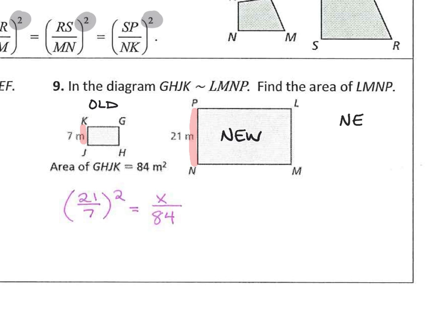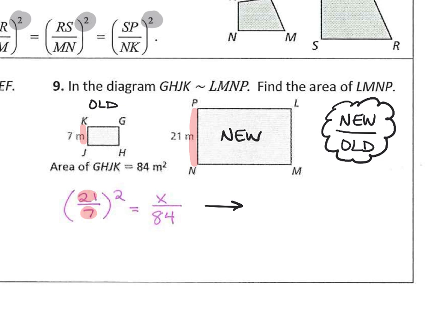If you need to write that down for yourself again, that's fine. New goes on top, old goes on bottom. So when I set this up, I put 21 on top and 7 on bottom. And then I set it equal to the area on the bottom. But before I do this, because it's area, I need to square that term.